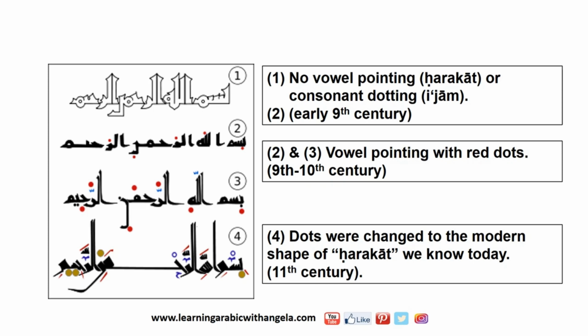Vowel pointing was introduced first as a red dot placed above, below or beside the rasm letter, and later consonant pointing or i'jam was introduced as thin, short, black single or multiple dashes placed above or below the rasm. These i'jam became black dots about the same time as the harakat became the small black letters or strokes.